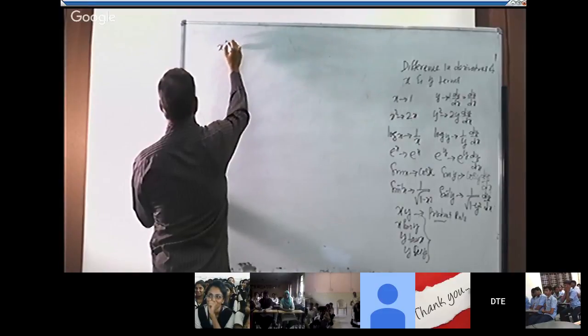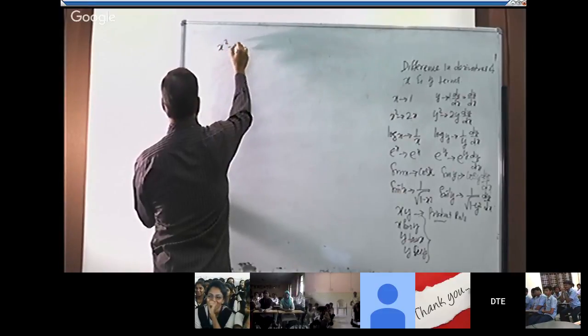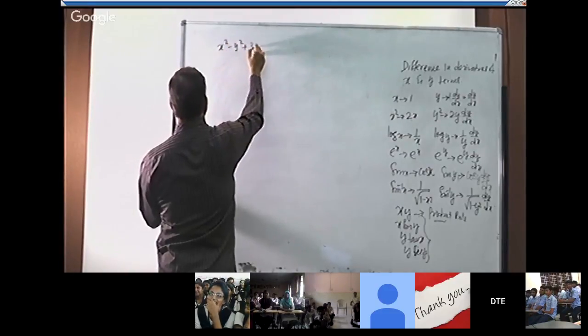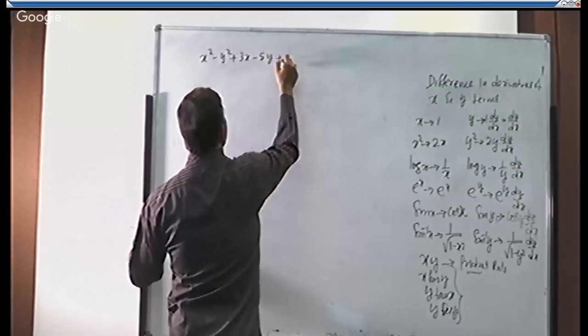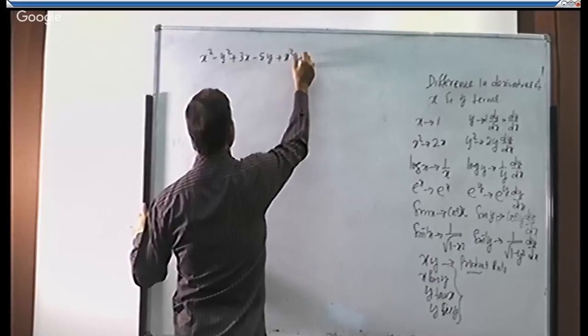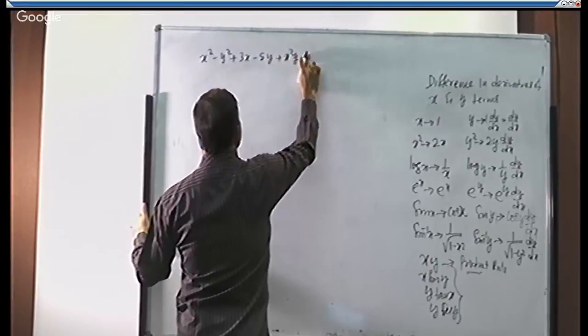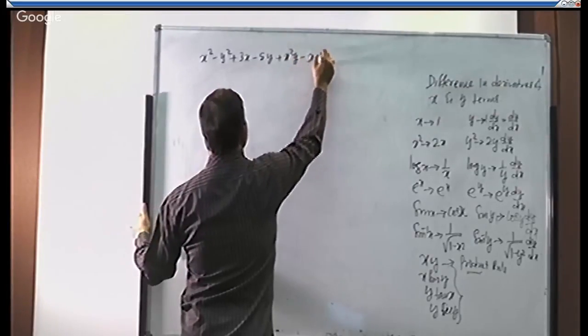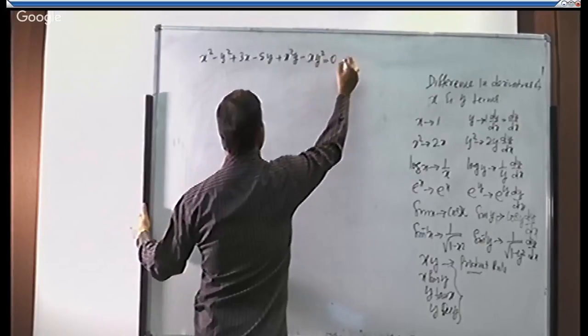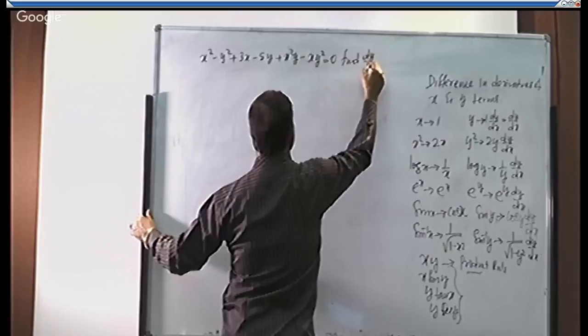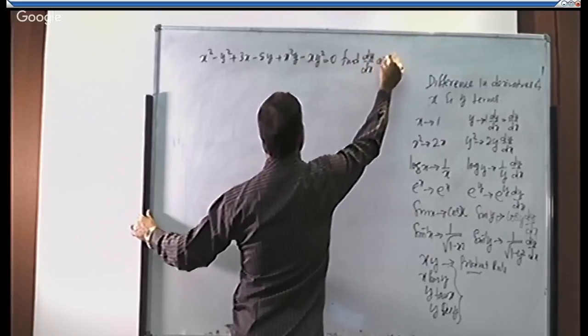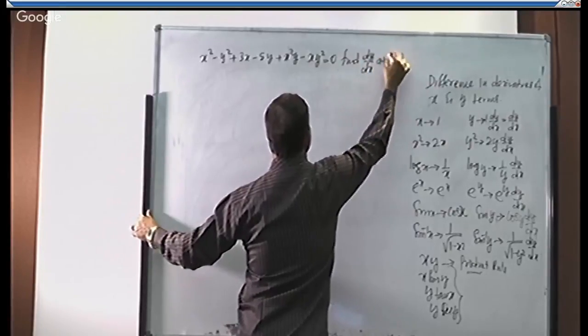Next problem. x square minus y square plus 3x minus 5y plus x square y minus xy square is equal to 0. Find dy by dx at 2, 1.